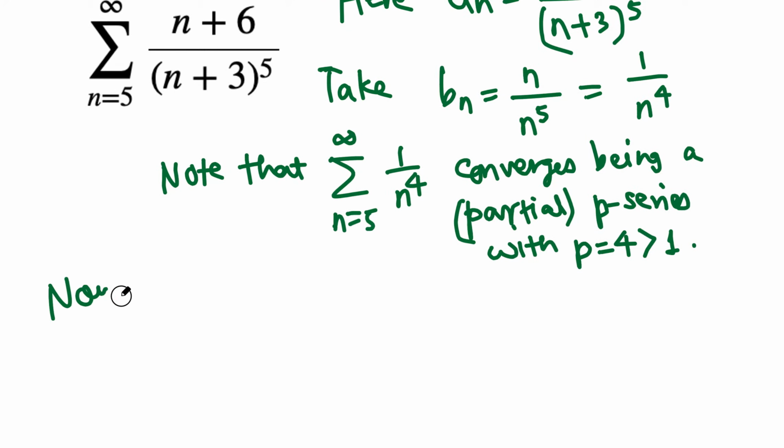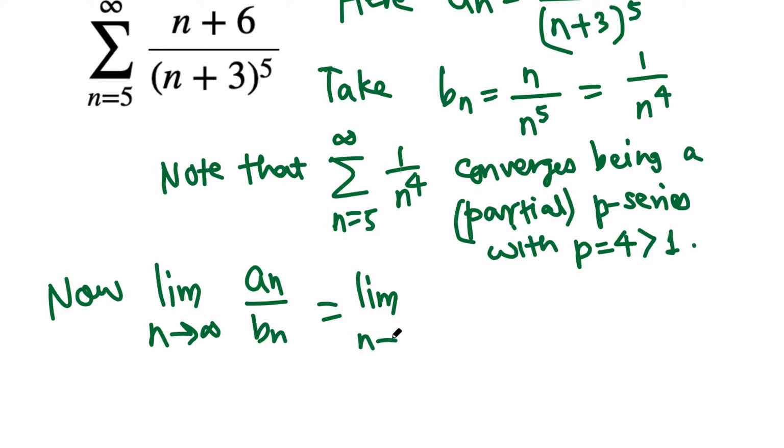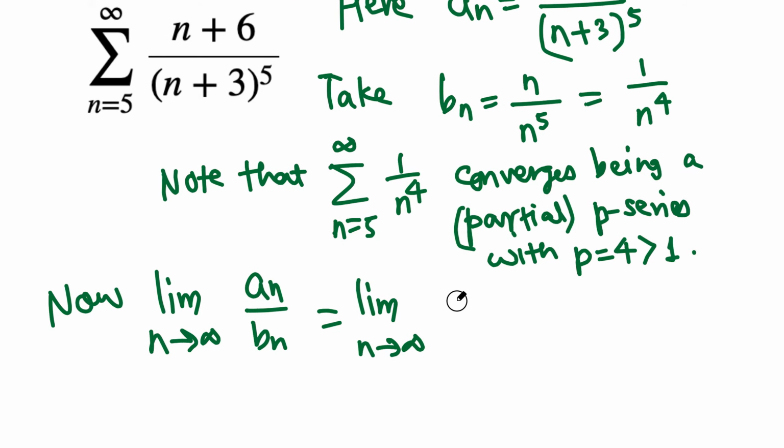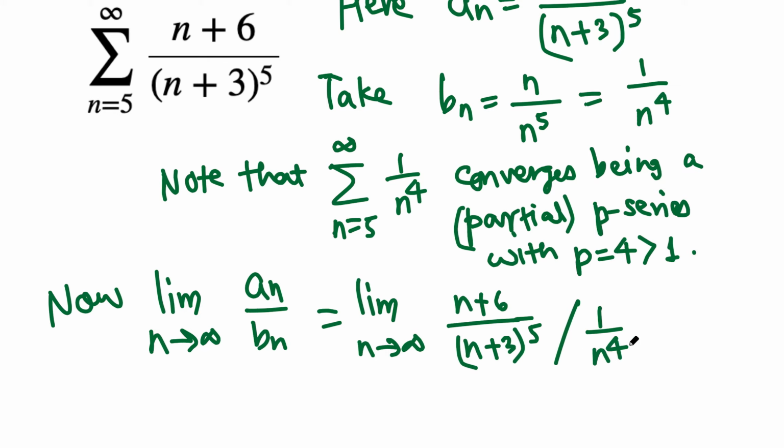So now let's find the limit at infinity of a_n over b_n. In fact, you can do b_n over a_n as well. Limit as n goes to infinity of a_n, which is the big chunk here, (n plus 6) over (n plus 3) raised to 5, divided by b_n, which is 1 over n to the 4th.